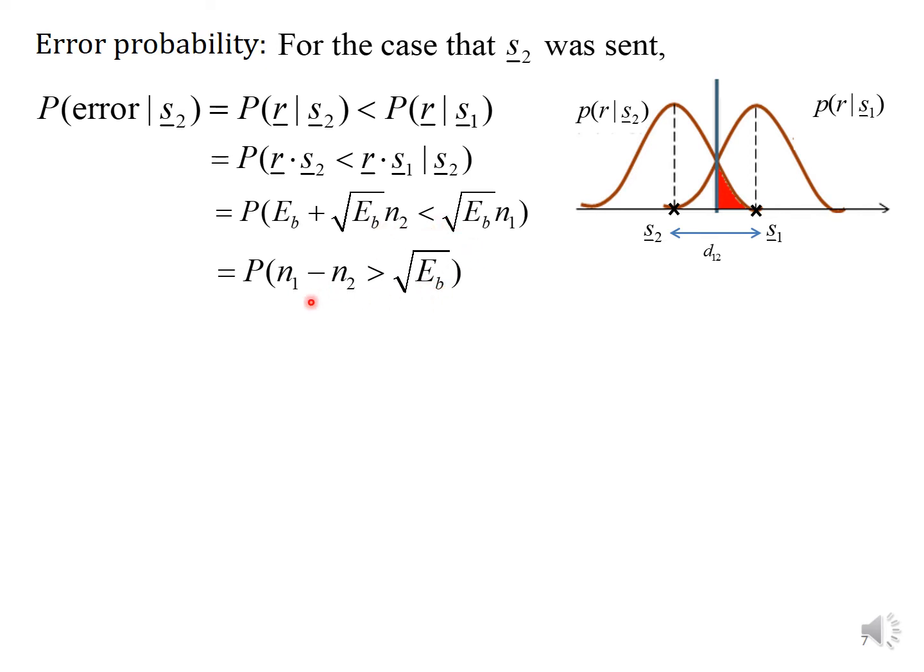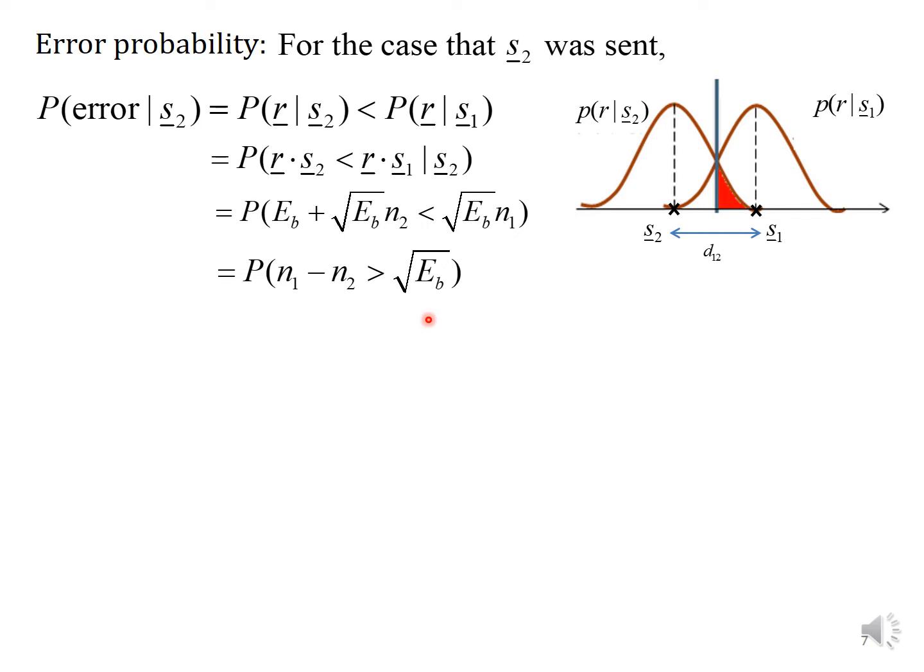They would have the same probability. So the question is, what is the probability of n1 minus n2 greater than square root of EB? What would this error probability be?